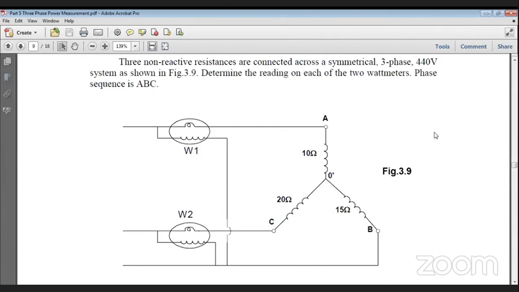And then when you reach nearly close to the full speed, you shifted into delta. So starting by star, then shifting to delta. That means normal operation is in delta, starting is in star. Now why? It is very simple.